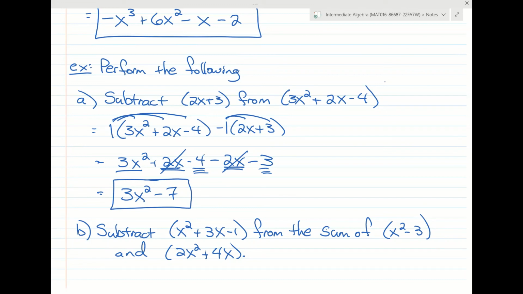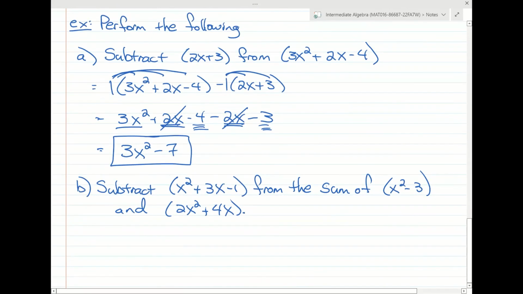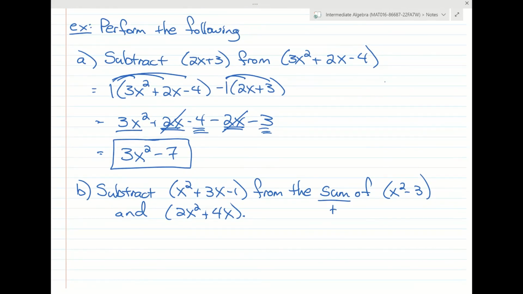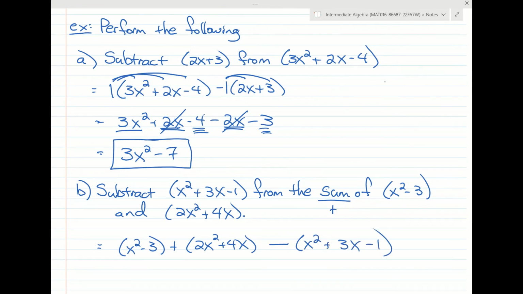Again, we're subtracting something from something else. So that's going to go at the end. Sum means we add. So what we're doing is we're adding x squared minus 3 plus 2x squared plus 4x, and then subtracting x squared plus 3x minus 1. That's how that works.